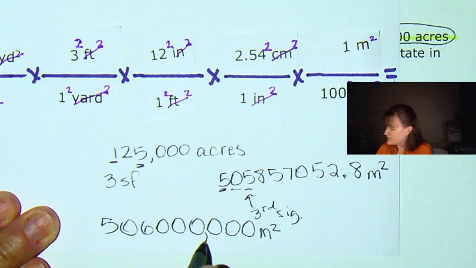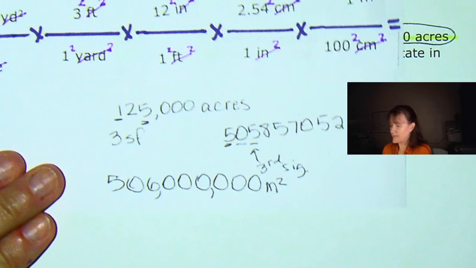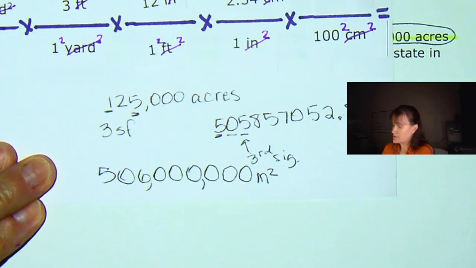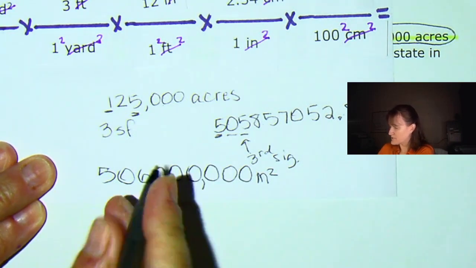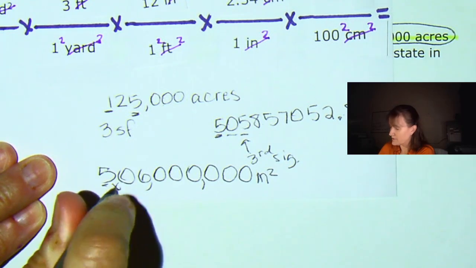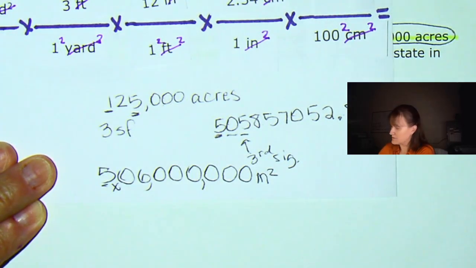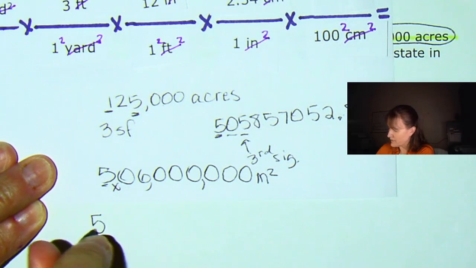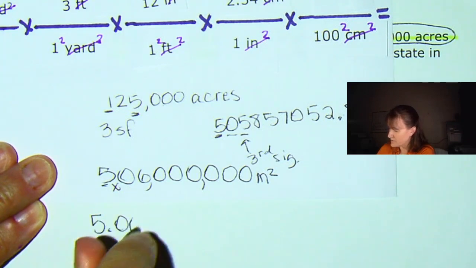So if we put commas in, we can see how large that is. We can also write this in scientific notation. So really large number, you can write it in scientific notation. And so in scientific notation, we go to the first non-zero and we put our decimal point there. And then we only keep the significant figures. So it would be 5.06.